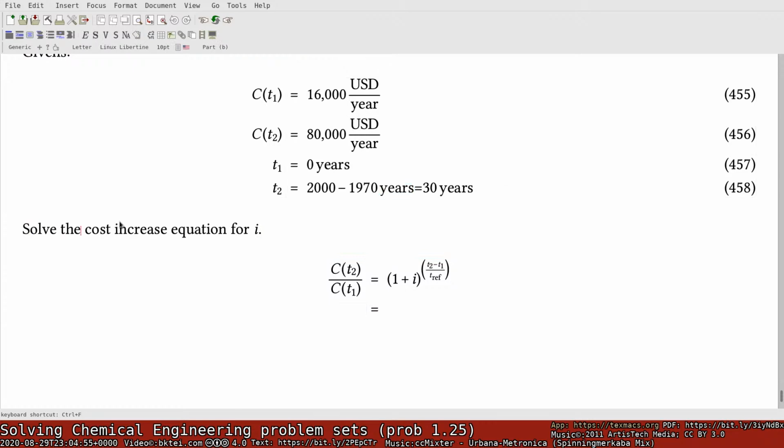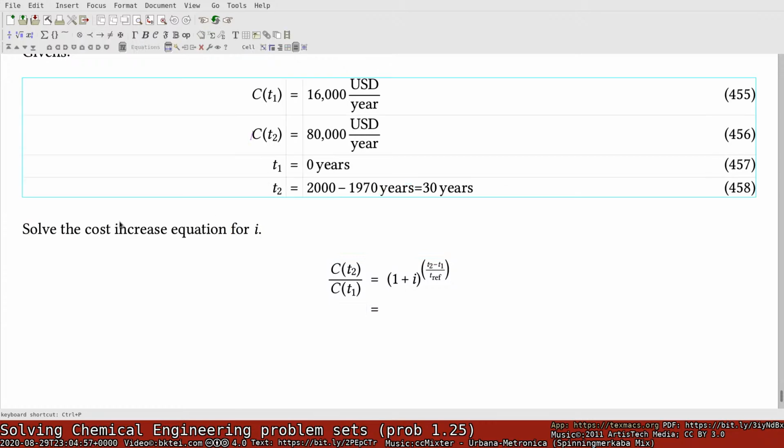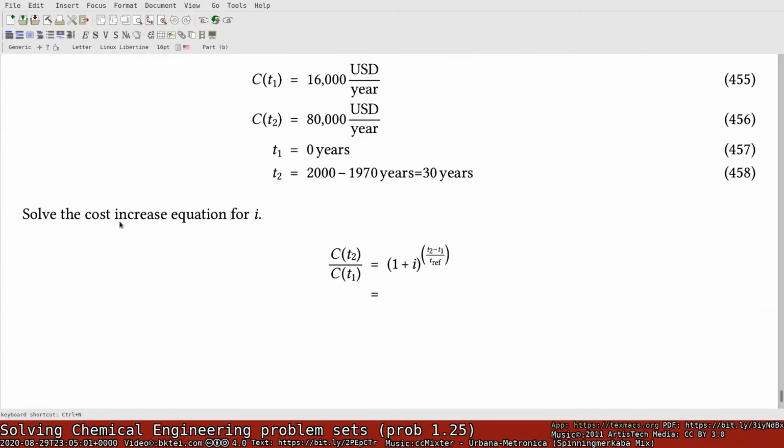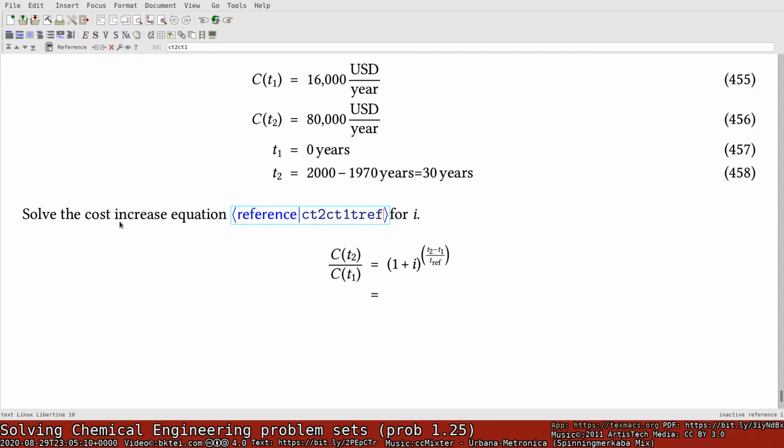Let's solve the cost equation. Meta shift question mark CT2 CT1 Tref. Oh, that's right. I need to put the problem in there. Problem 25. There we go.